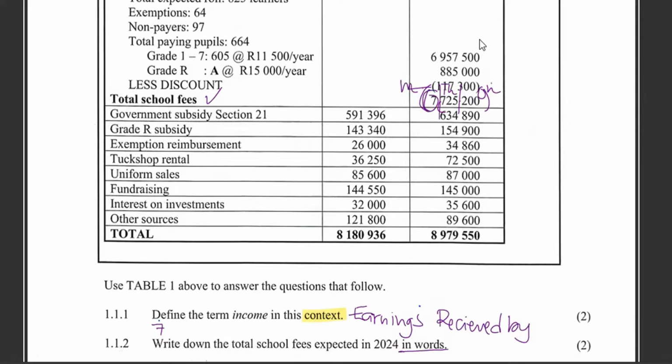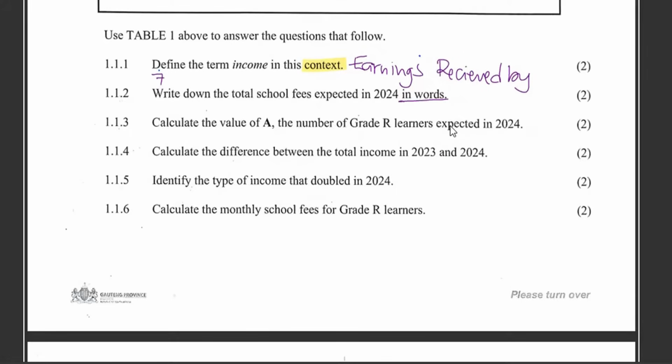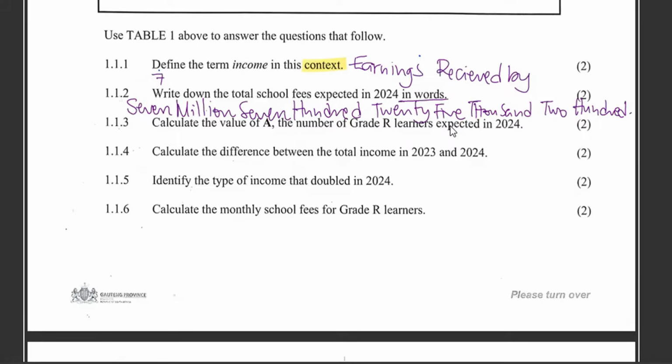So we start with this one, 7 million, 700, 720, 25,000, 200. That's what they wanted us to do.